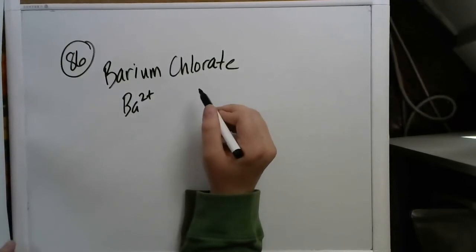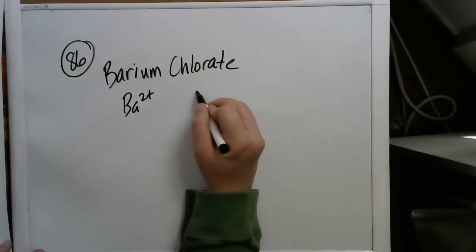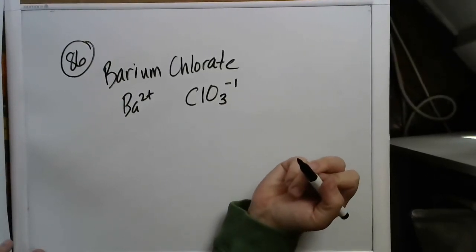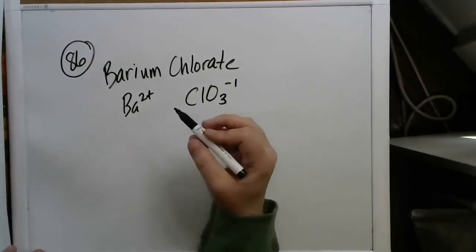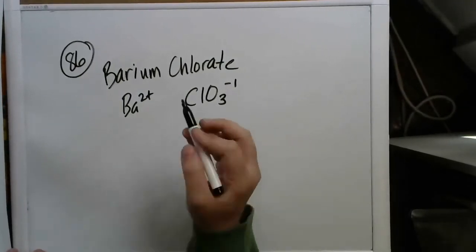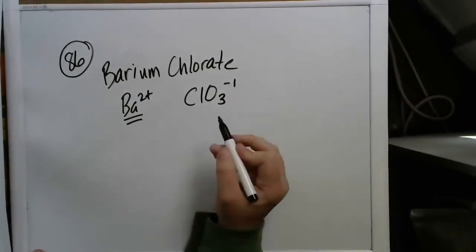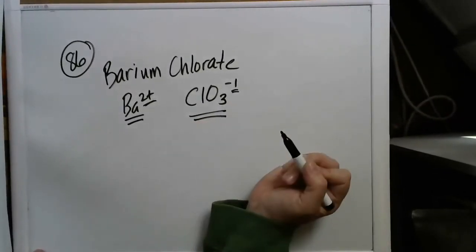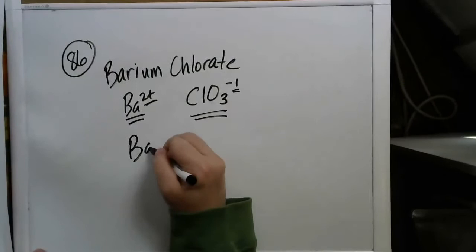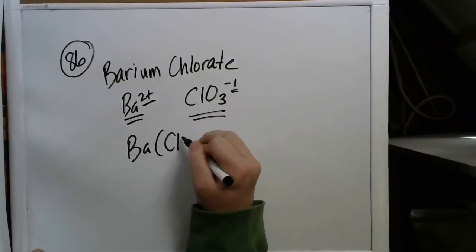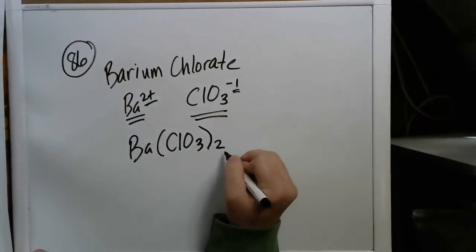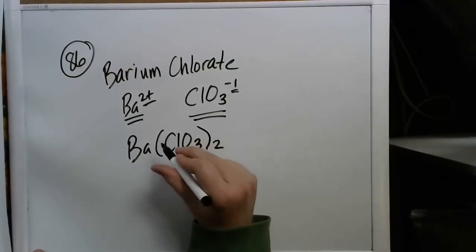Chlorate is a polyatomic ion, but you need to know it. Okay, it's ClO3 -1. And now I can see the charge ratio between them. I know that I'm going to need 1 barium for every 2 chlorates because of the charge difference here. Okay, so I'm going to have 1 barium, and then I'm going to have parentheses around my chlorate, so I know that this subscript here applies to my whole parentheses.